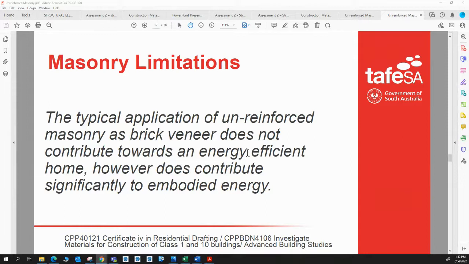Another masonry limitation is that the typical application of unreinforced masonry as brick veneer does not contribute towards an energy efficient home. That's because all of the thermal mass from that brickwork is on the outside, where you're not using it. However, it does contribute significantly to embodied energy. A great deal of embodied energy goes into the firing of bricks, that baking process.